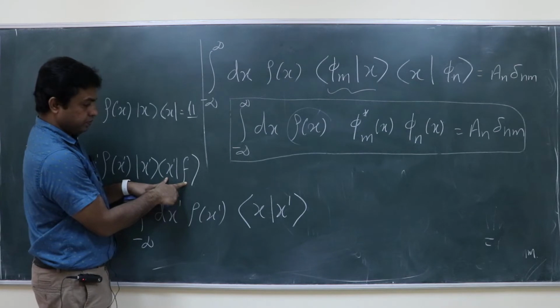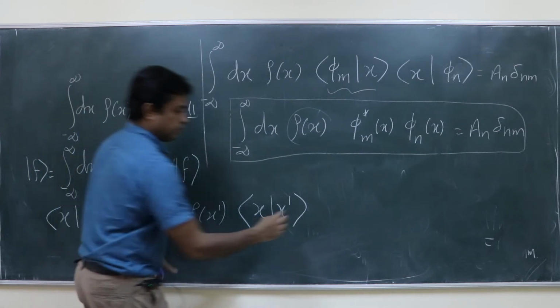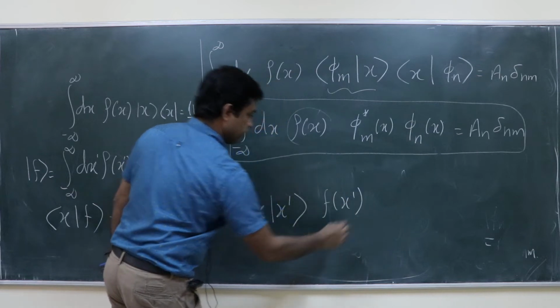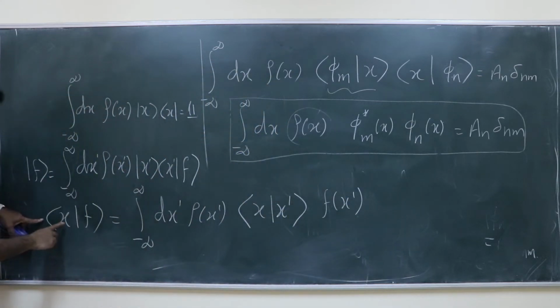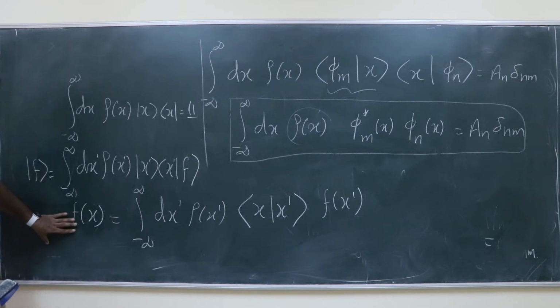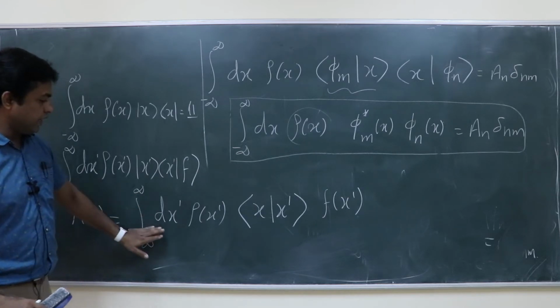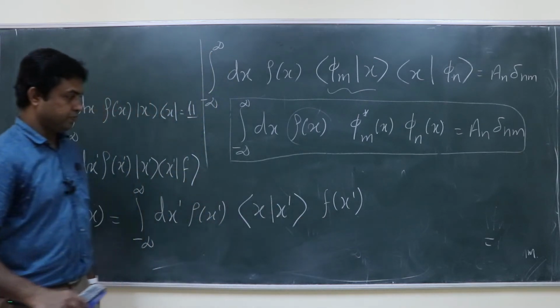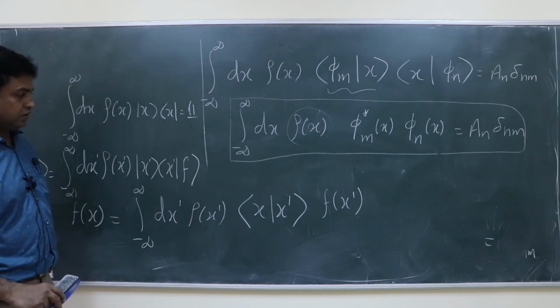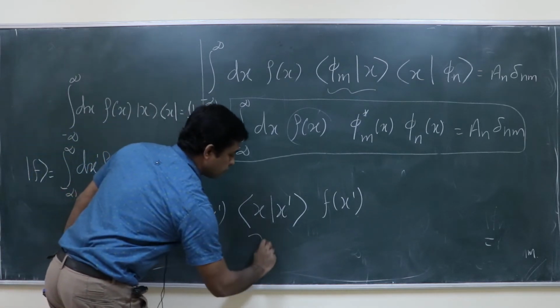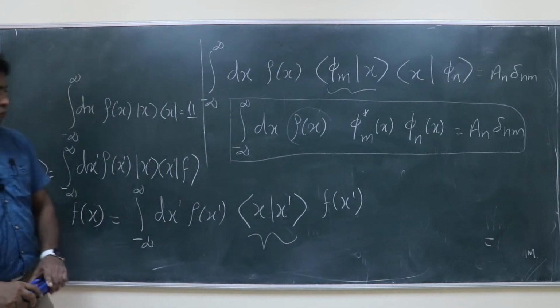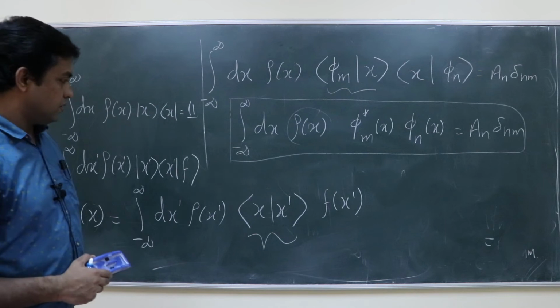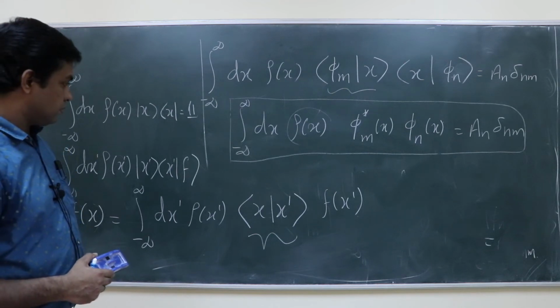By definition, f of x prime. So this left hand side is f of x. So f of x is equal to integral minus infinity to infinity dx prime rho of x prime bra x ket x prime f of x prime. Then what should this quantity be?